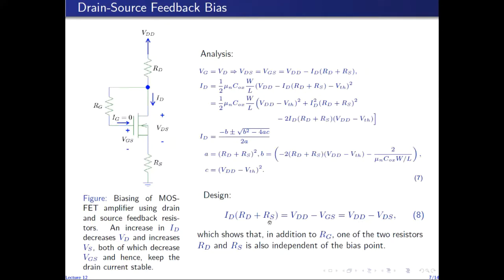So we can assume an arbitrary value for one of these two resistors, as far as the biasing of the circuit is concerned, and then use this expression to find the value for the other. So by assuming, for example, an arbitrary RG and an arbitrary RS, we can find RD using this expression. So given the bias point ID and VDS, we can find one of these two resistors by assuming the value of the other.